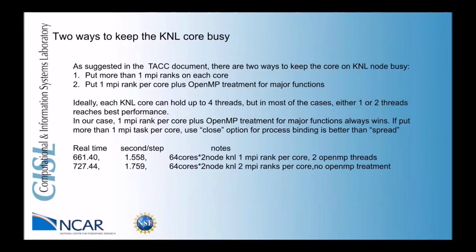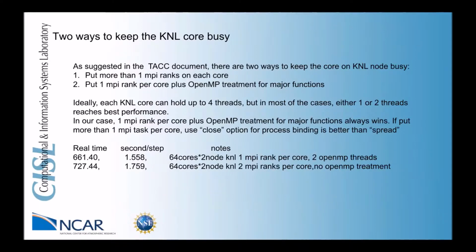Also, as suggested in the TACC document, there are 2 ways to keep the cores on a KNL node busy. The first one is to put more than 1 MPI rank on each core, and the second is to put 1 MPI rank per core plus use the threading treatment for major functions. Ideally, each KNL core can hold up to 4 threads or 4 MPI ranks.